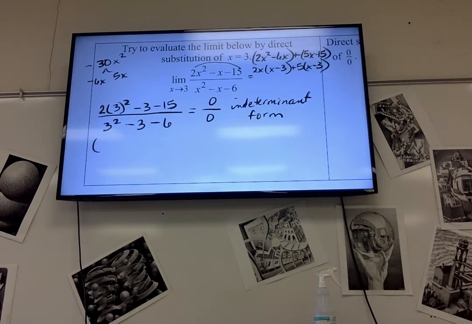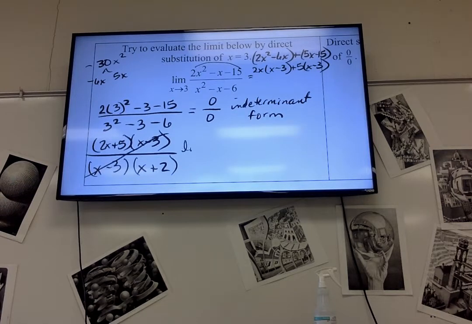So this becomes 2x plus 5 and x minus 3 on top. On bottom, multiply to give us negative 6 but add to give us negative 1. Negative 3, positive 2. So what happens here? The x minus 3's cancel.